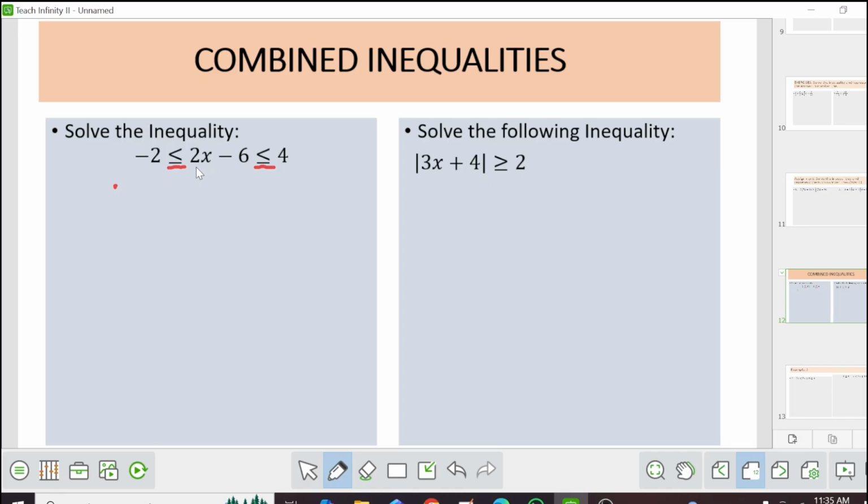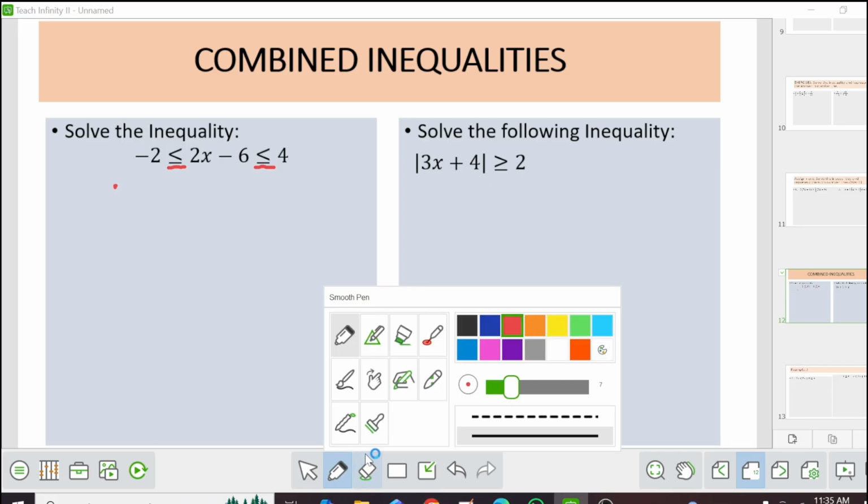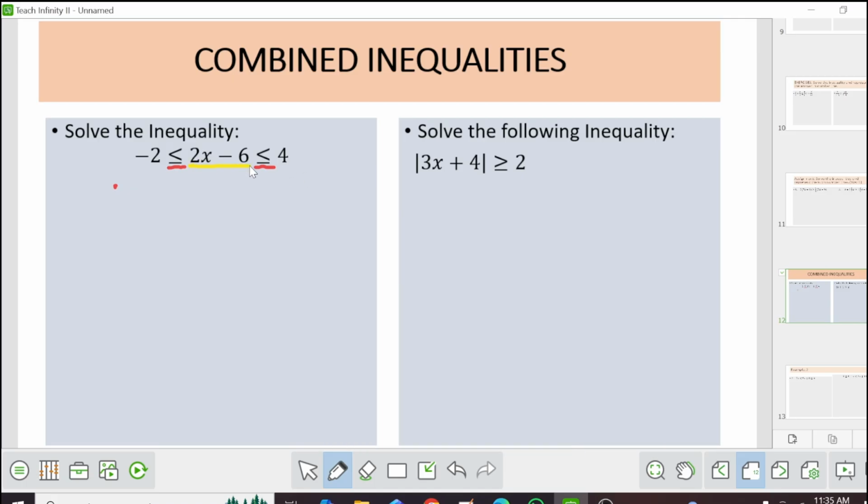You see that there is a term in between the two inequalities. This is the first inequality, this is the second inequality, and we have 2x minus 6 in between them.